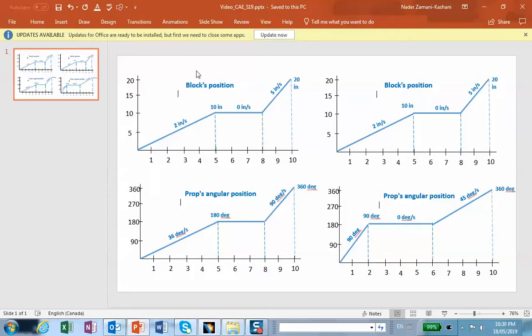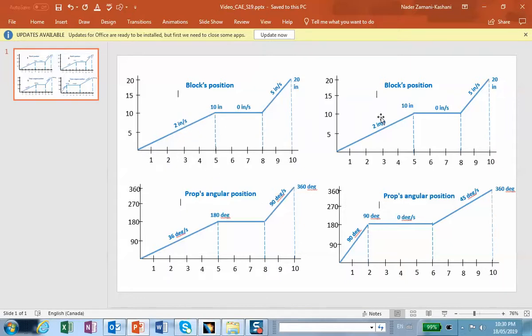So in this video segment, I will do the block motion following this path, meaning the position of the block versus time is given like that, and therefore velocities are also calculated quite easily. For example, 10 inches over a 5 second period is going to give you 2 inches per second, etc.